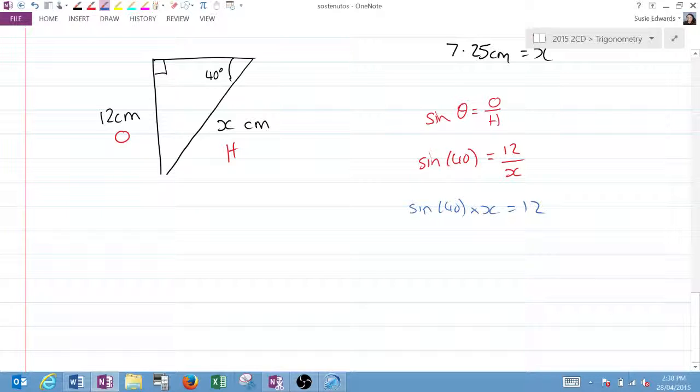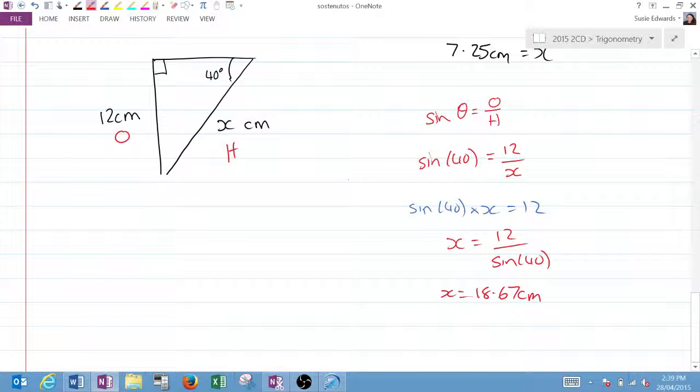It was timesing on this side, so what's it on the other side? Not negative. Divide. Okay, it's not plus, it's times. So divide. So we end up with, and this line you do want to write down in red, x equals 12 over sine 40. Okay? 18.67 centimetres.